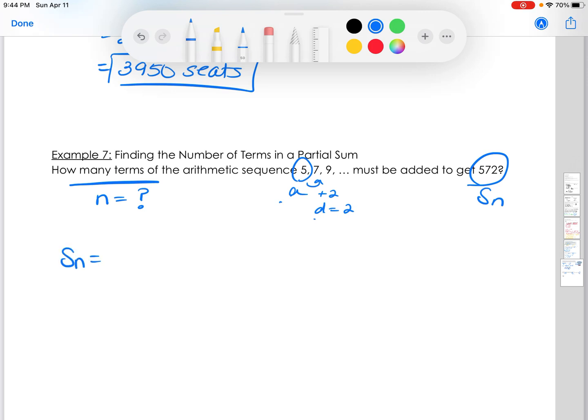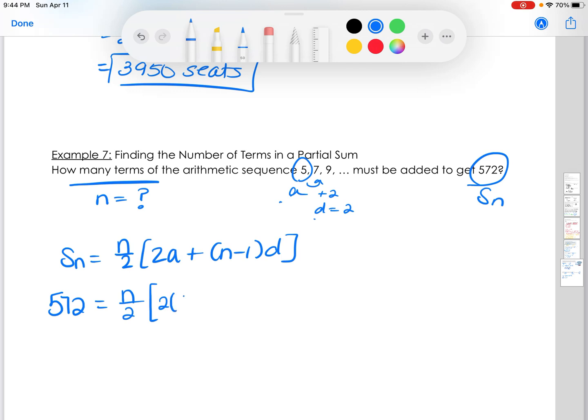So S sub N is equal to N over 2 times 2A plus N minus 1 times D. Okay, so we know the sum. We don't know N, that's what we're trying to find. 2A, so that's 2 times 5, plus N minus 1 times, and D is 2. Okay, got a little bit of arithmetic ahead of us.